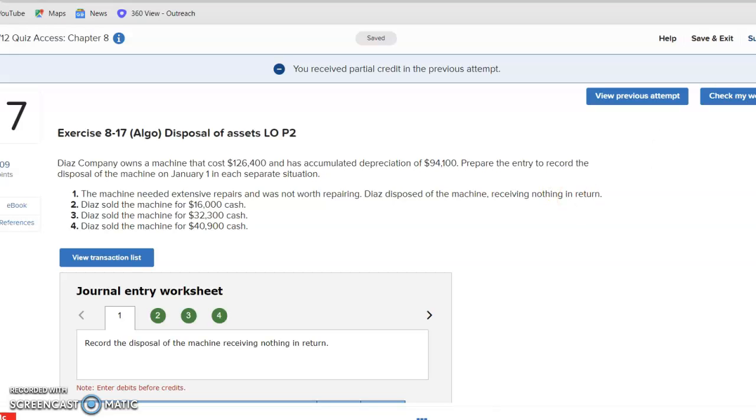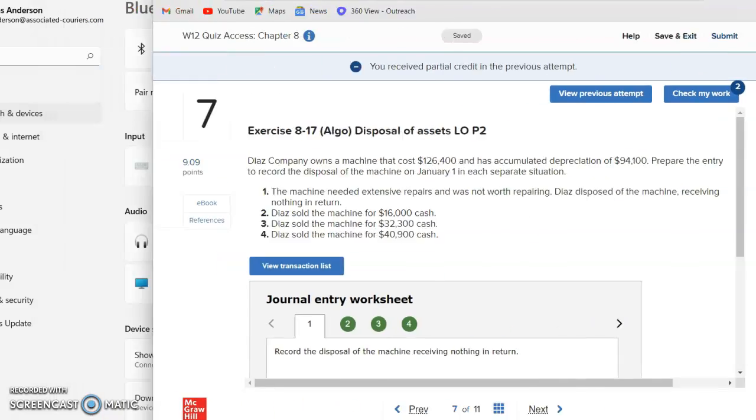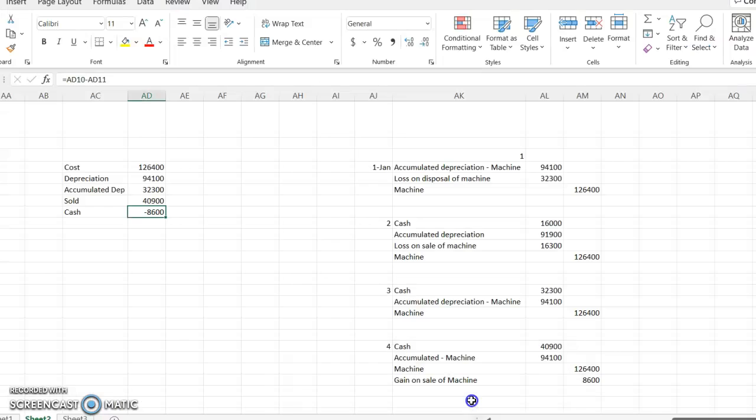So I have an Excel spreadsheet. I'm going to show you what I did, and then we'll bring this back, and I'll fill in the information for us all. So let me just bring up my Excel. You can see here I have the cost of the machine at $126,400.